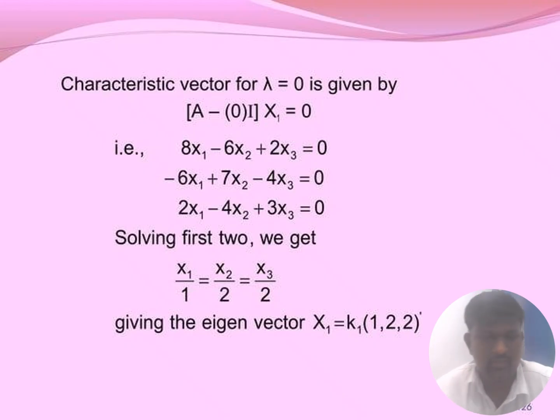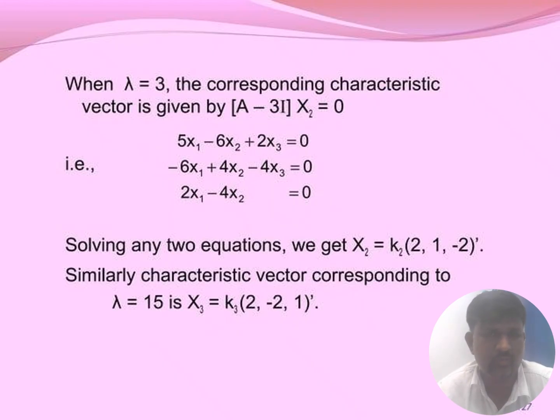Next we are going to find the eigenvectors. For the first eigenvalue lambda equal to 0, by the cross multiplication method, X1 is equal to 1, 2, 2. For lambda equal to 3, we can find another eigenvector, that is capital X2 equal to 2, minus 1, minus 2.